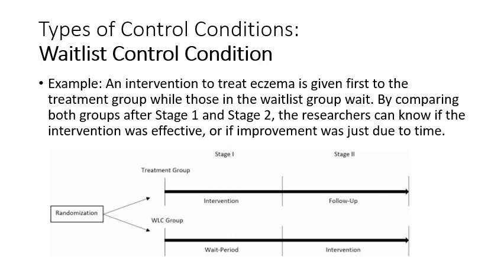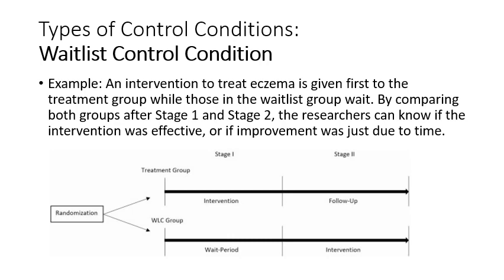I'm offering that this is to treat eczema, which is a skin condition. So let's say we have some sort of a cream to treat this, and we tell all the participants, so that they don't worry, that they're all going to get it. But the people who are assigned to the treatment group get the cream right away and use it for the first 2 weeks, as shown in stage 1.